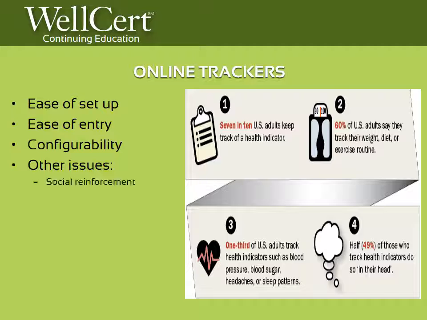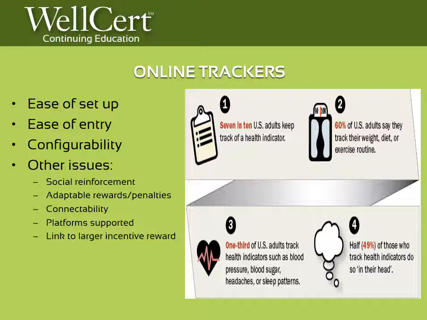Other issues, again, come back to social reinforcement, the adaptability of rewards and penalties under that system of tracking, the connectability to other interventions and other resources that might support wellness, the platforms that support that particular online or app tracker, the link to a larger incentive reward, the convenience of long-term use.